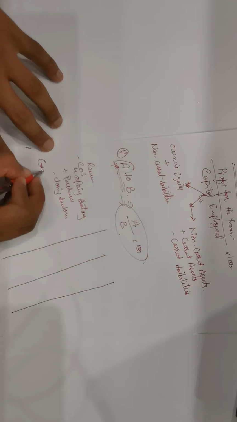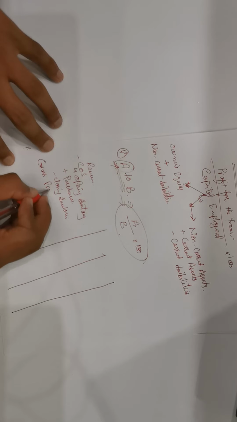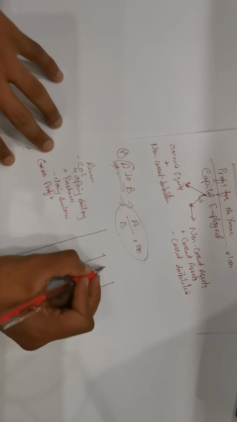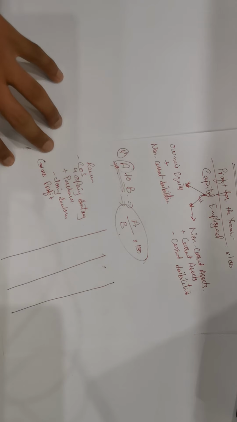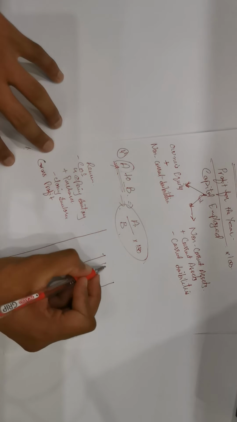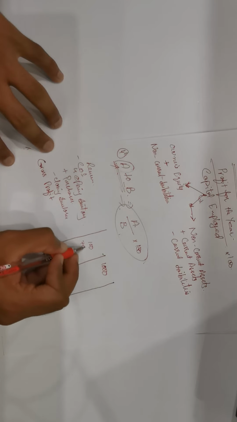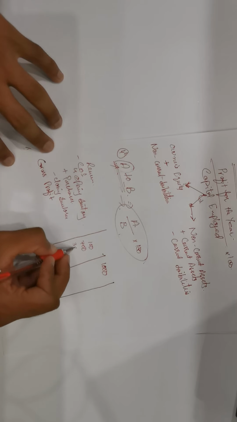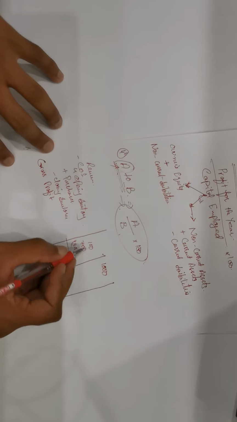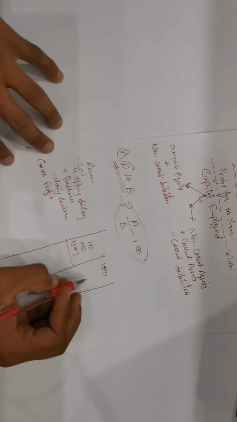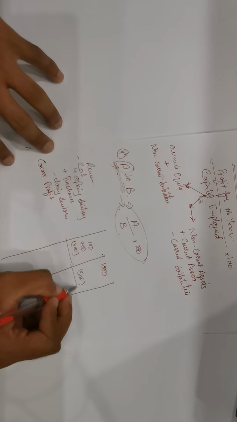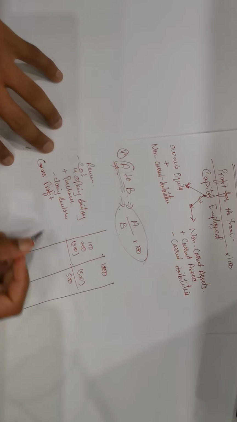We have then gross profit. All the figures are assumed. Let's say this is 100,000, this is 100, this is 700, and this is 300. We are going to subtract it, and what I have is 700 plus 100, and 300, 500. My gross profit would be 500.